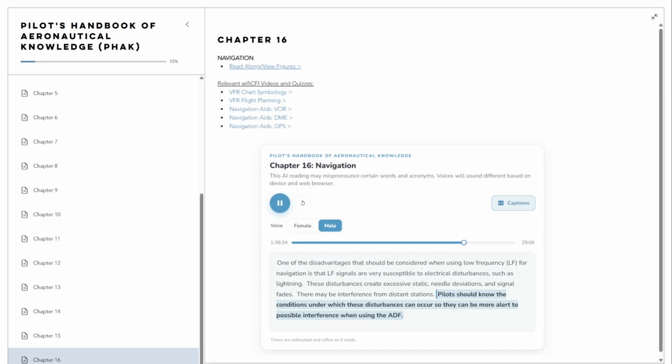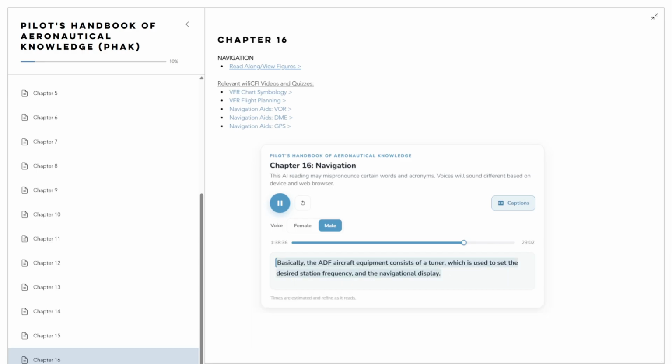Basically, the ADF aircraft equipment consists of a tuner, which is used to set the desired station frequency, and the navigational display. The navigational display consists of a dial upon which the azimuth is printed and a needle which rotates around the dial and points to the station to which the receiver is tuned.